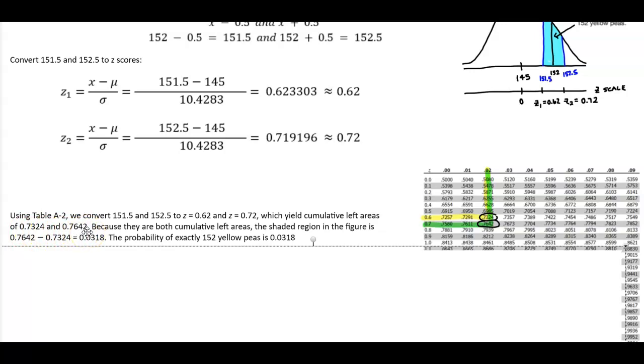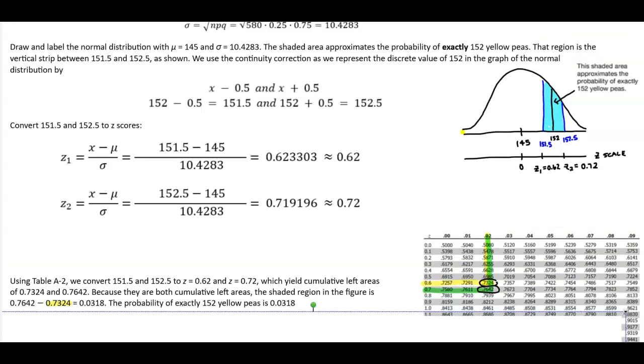So we take the region to the left of 0.72 and subtract the area to the left of 0.62. That area, 0.7324, represents this area here.